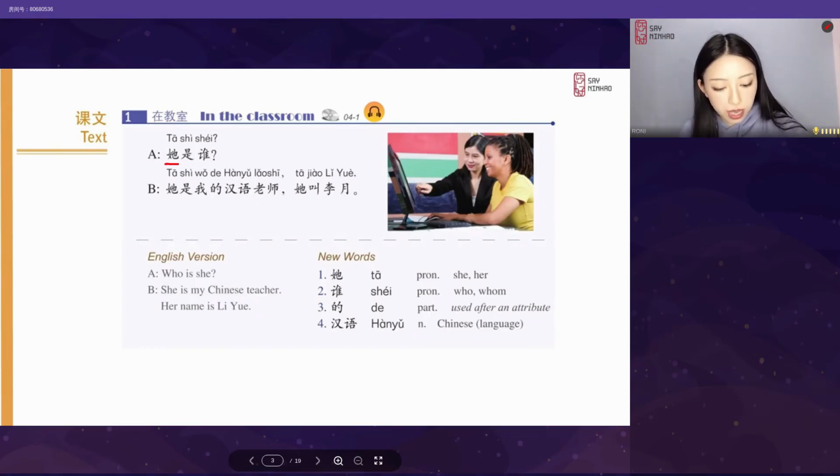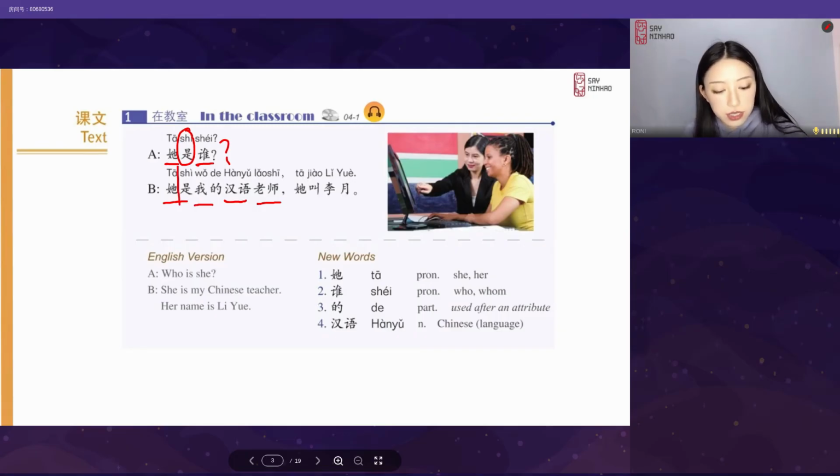We just learned 她 means she, and 是 we learned last lesson. It means to be. So 她是谁? Actually, in the sentence order, we can see it is she is who, which means who is she. And the answer is 她是我的汉语老师.